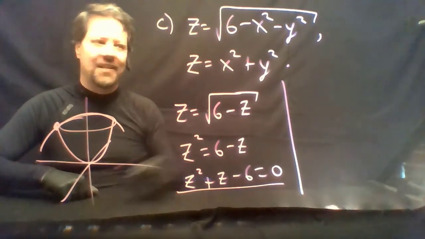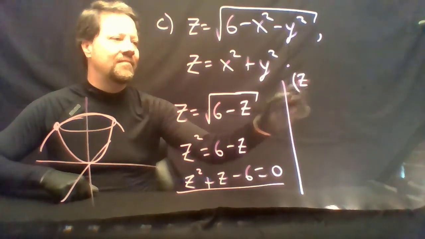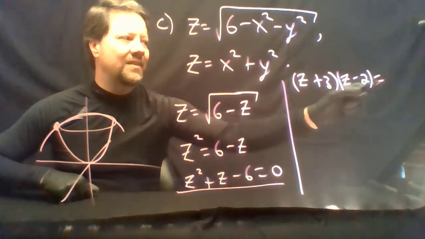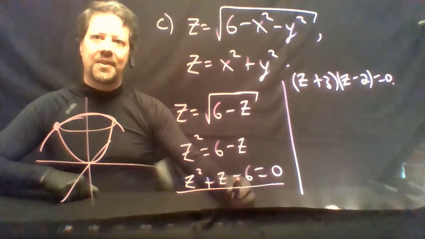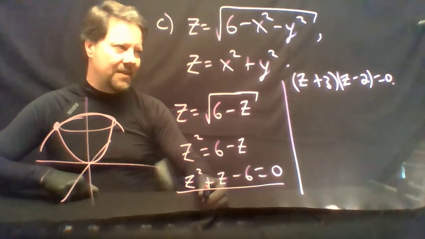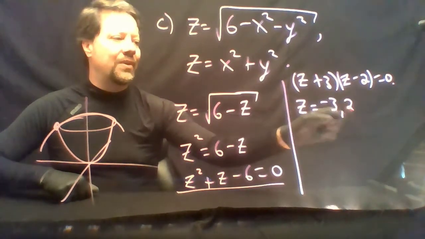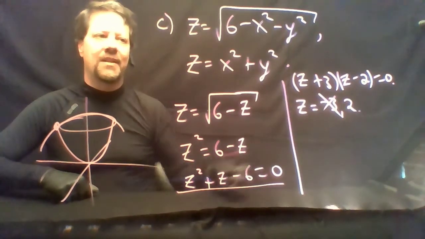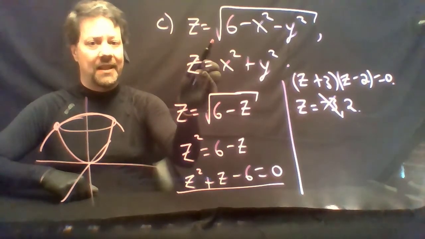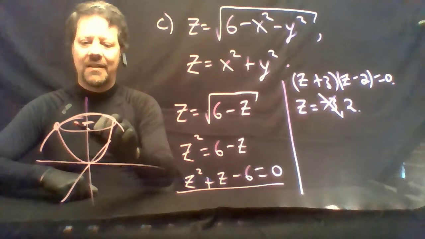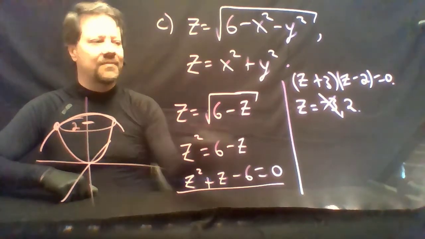But this one looks easy to factor. z plus 3, z minus 2. They have to have opposite signs, and the bigger one has to be positive. So it looks like we get z equals minus 3 or 2. We can throw out the minus 3 because z can't be negative. z equals 2. These will intersect at z equals 2.